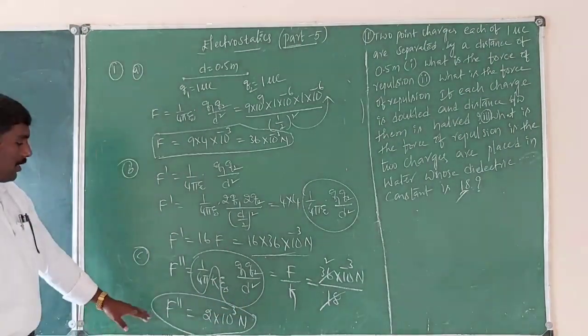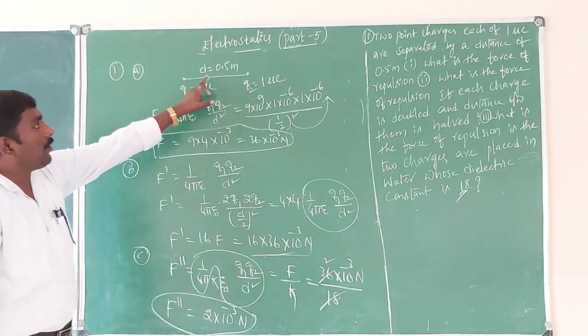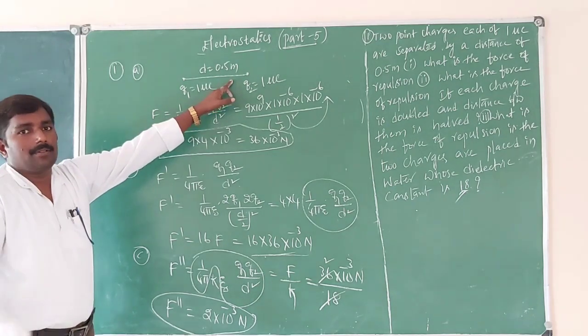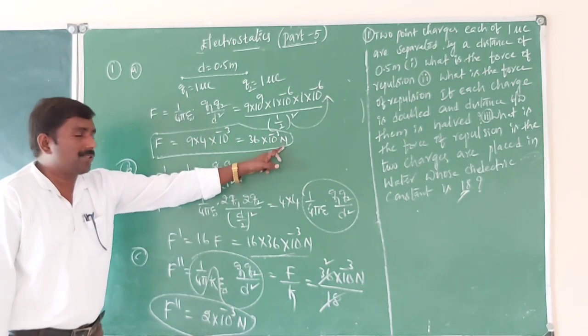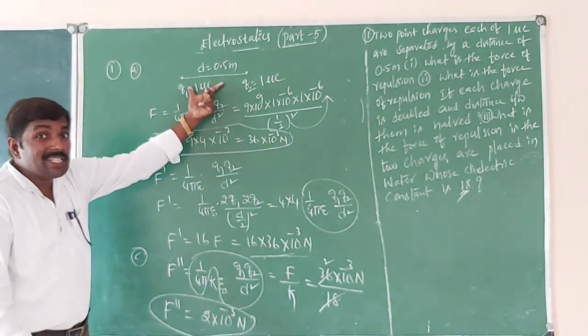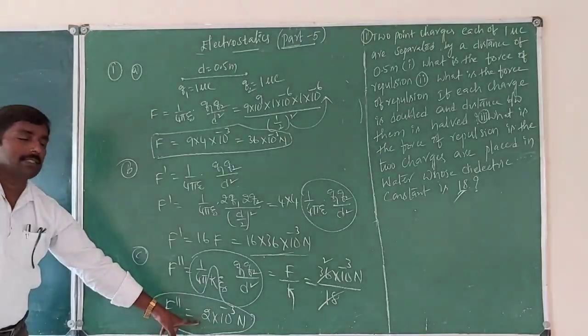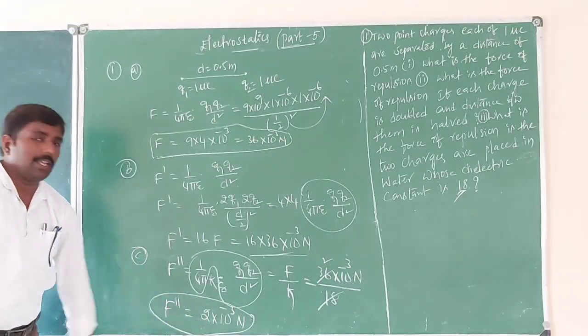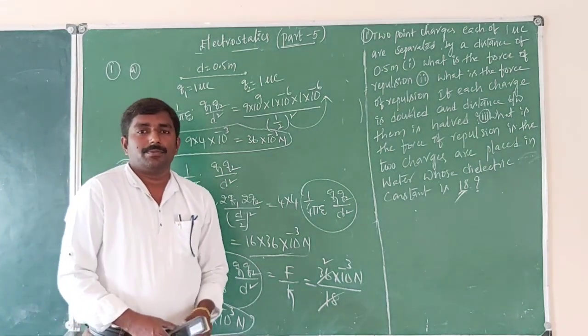See, dear students, finally we conclude that whenever two charges are kept in air, the force of repulsion is 36 into 10 power minus 3 Newton. When these two charges are kept under water, force is decreased. That is 2 into 10 power minus 3 Newton. Okay, students, thank you.